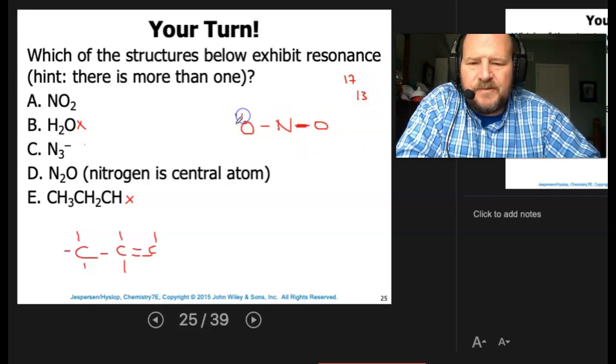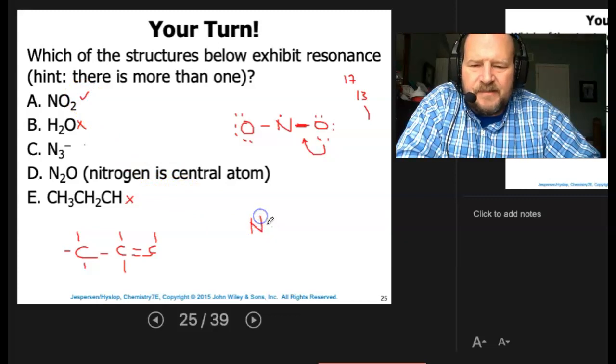So we're going to go 1, 2, 3, 4, 5, 6, 7, 8, 9, 10, 11, 12. That's going to leave us with 1. We'll put that 1 on the nitrogen. We'll now have to take a pair and stick that in. So which oxygen is going to put in that pair? We're not sure. So this one has resonance.